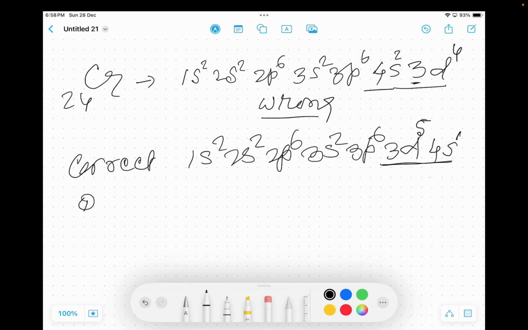So 4s will go upper side and 3d will come back side once electrons are added. So this arrangement takes place.